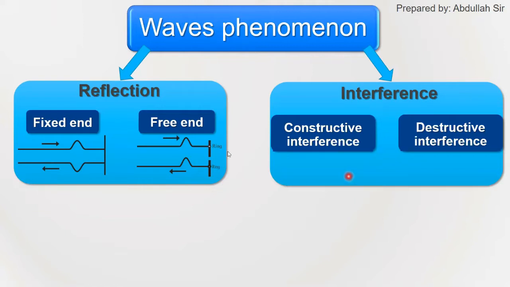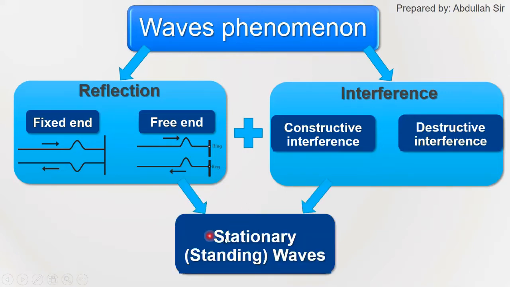Now, when reflection and interference both happen at the same time, then with the combination of these two phenomena, what we will get is called a stationary wave or standing wave.